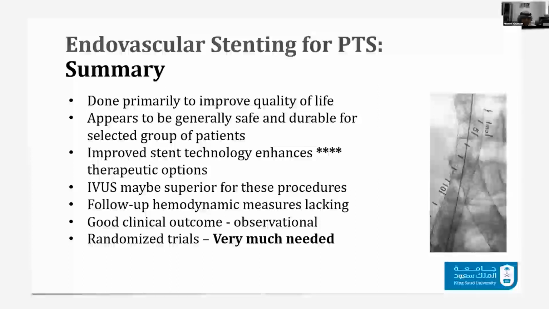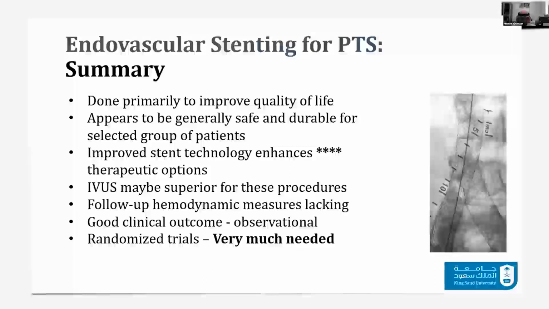So in summary of this talk on the role of endovascular stenting in treatment of BTS, it's done primarily to improve quality of life, and most of the studies are single arm and have mixed patients between thrombotic and non-thrombotic causes. They appear to be generally safe and durable for a selected group of patients with proper surveillance and ongoing follow-up.